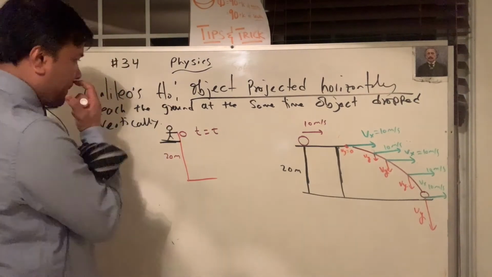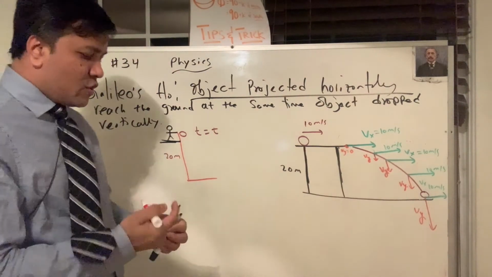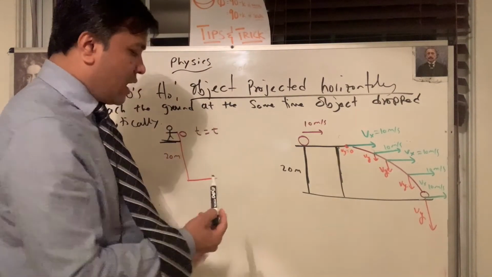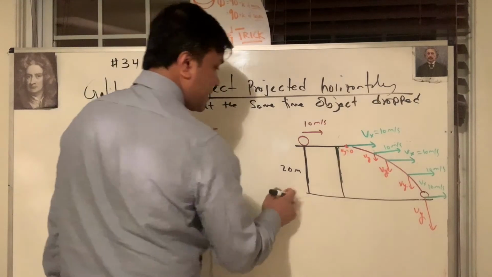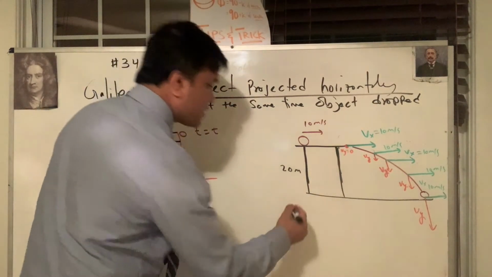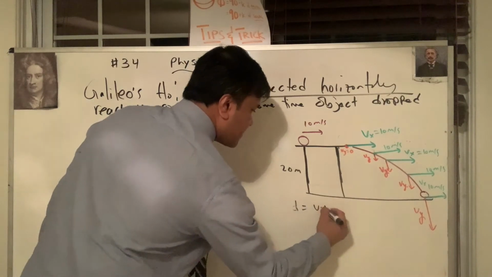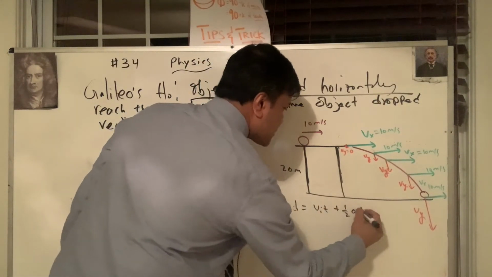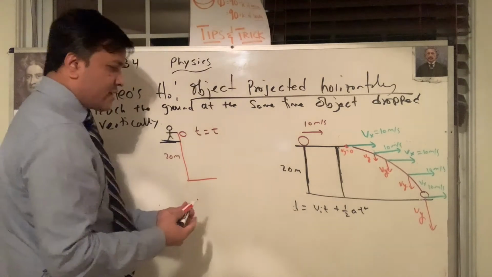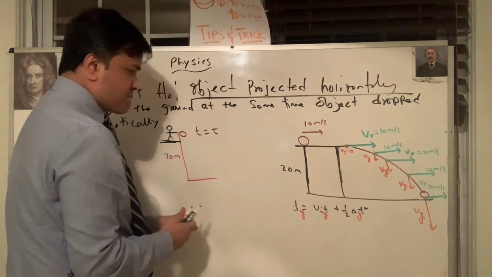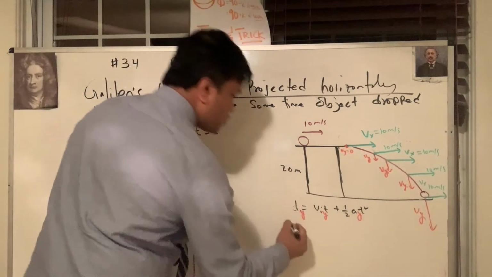Now I'm going to show you the time. How long does it take? In order to find the time, you can use d equals Vi t plus half a t squared. By the way, you have to use the y direction. So dy is negative 20.